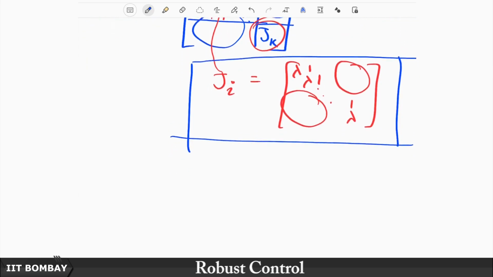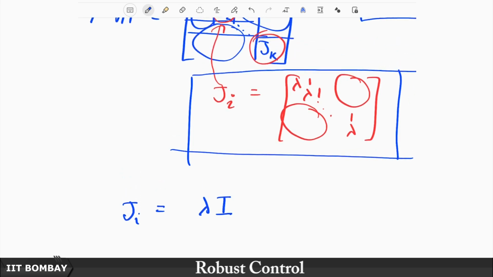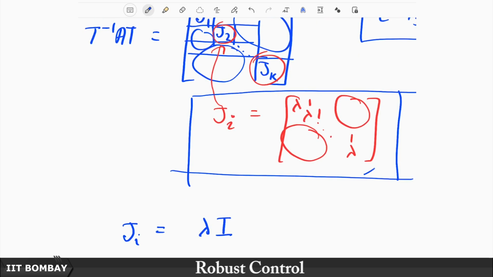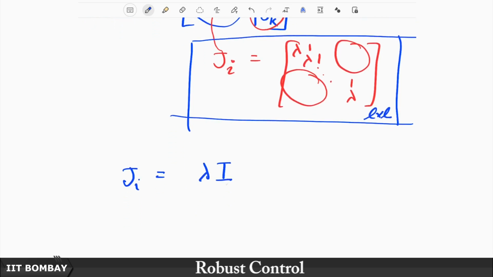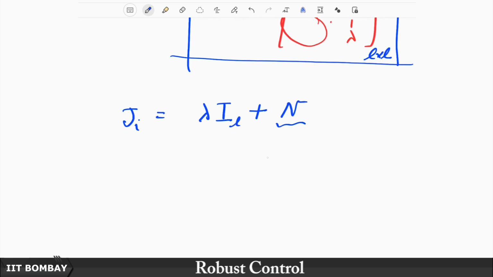This Ji can now be written as lambda I. Suppose this is a K cross K matrix, or rather let us call this an L cross L matrix. So, this is basically an identity of size L cross L plus a matrix N. What is the N matrix? This N matrix basically captures the super diagonal.